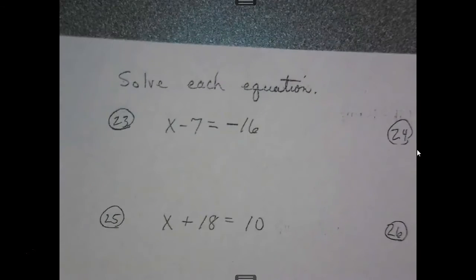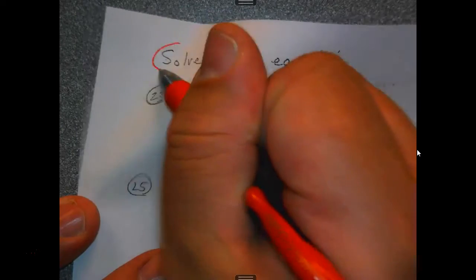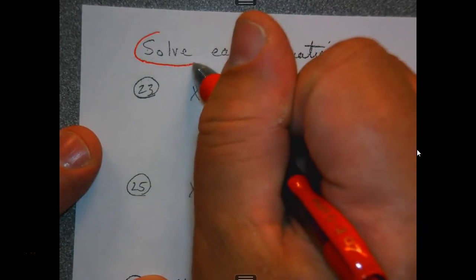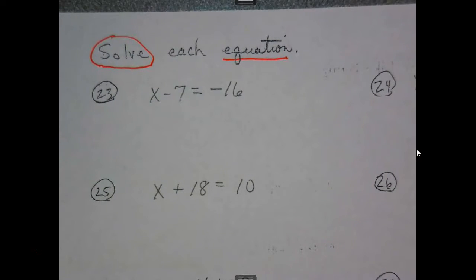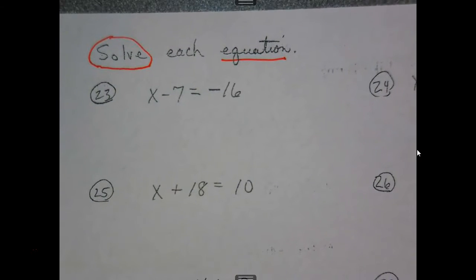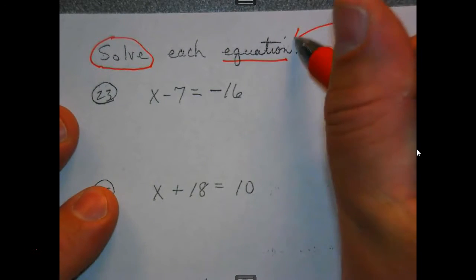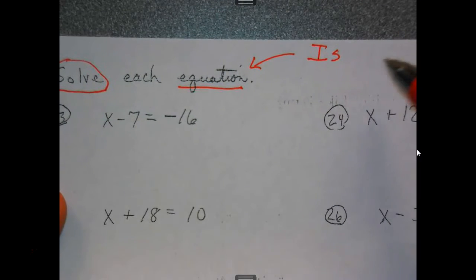Okay, turn it over. Now, this says solve. So what do we have to do? Solve, and we have an equation. So when you see those key words, that's going to tell you to isolate the variable, right?